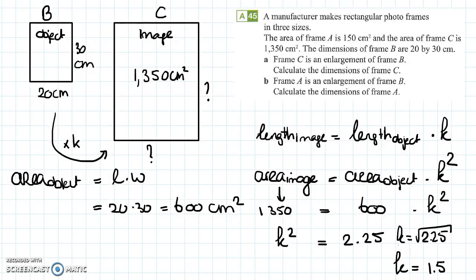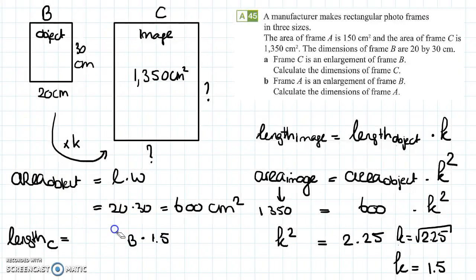Knowing our scale factor of 1.5, we can use that first formula with the length, because now we know that to calculate the length and width of C, every dimension has to be multiplied by 1.5 because it's about length. So for C, we have the length in B times 1.5.